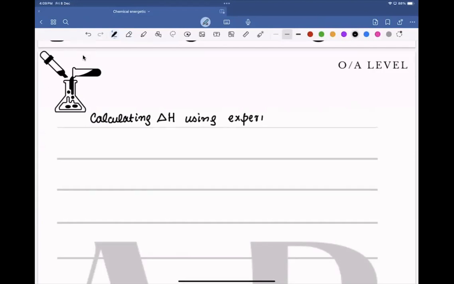Previously, we calculated the enthalpy change with the help of bond energy values. Now, if you have the experimental results, how can we calculate the enthalpy change from them? That is what we are going to do in our next class.